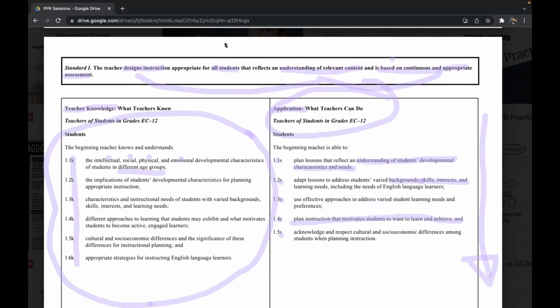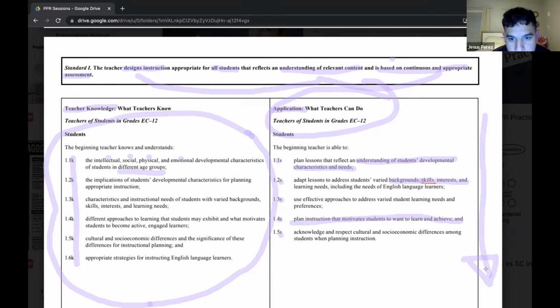I'm going to underline it in a different color. Where are the colors? Okay. What is that? Skills.